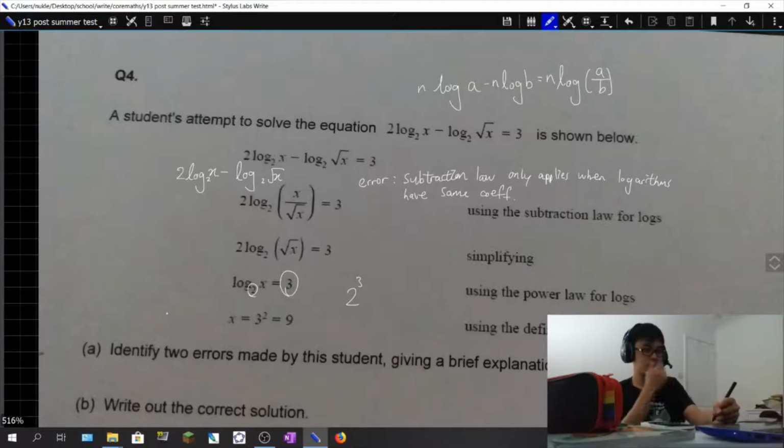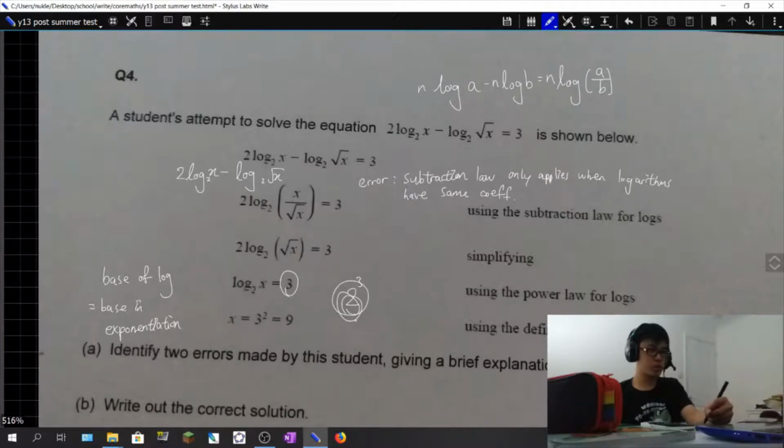Because the base of the log is equal to the base in exponentiation. So when you have the little subscript here, that's what you'd want to put at the bottom. This guy switched it around, so that's wrong. That's why.